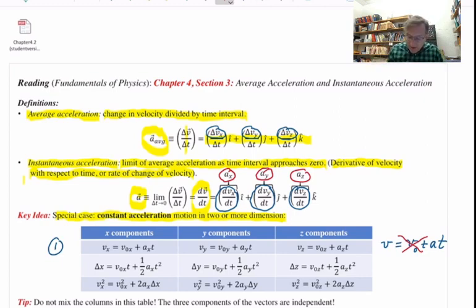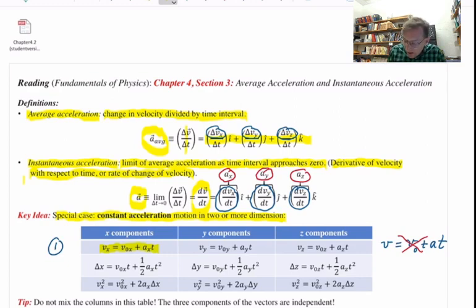So look at the first entry here in this row. I just highlighted it. V sub x equals v initial x component plus a sub x times t. So that says you have to work totally with x components only for that equation. The final x velocity equals the initial x velocity plus the constant x acceleration times t.